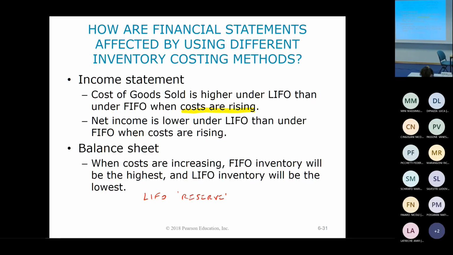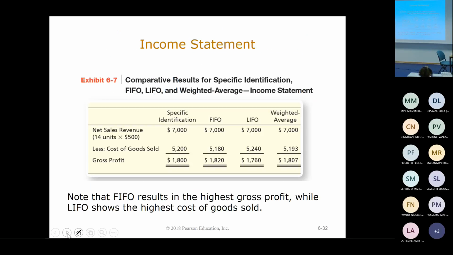Now we're going to see an example of a LIFO reserve in a moment. And here we summarize the effects of the three methods on the income statement. The weighted average cost, as I said, is not mentioned because it produces a sort of middle ground solution between FIFO and LIFO. Look at the gross profit, that is sales revenue minus the cost of goods sold, in the three cases.